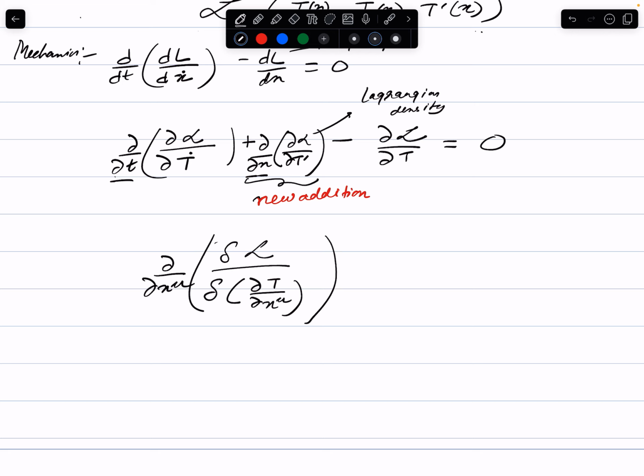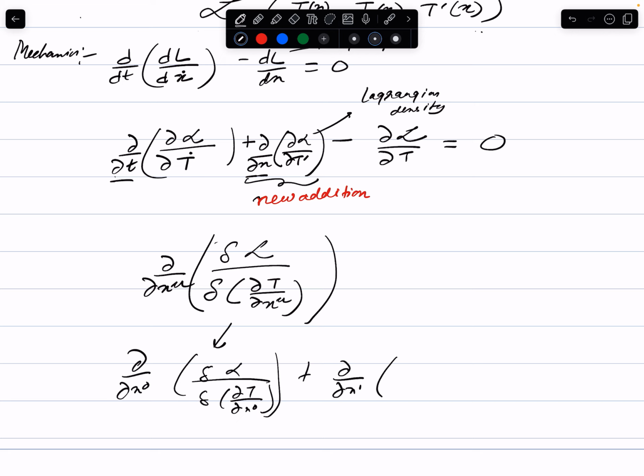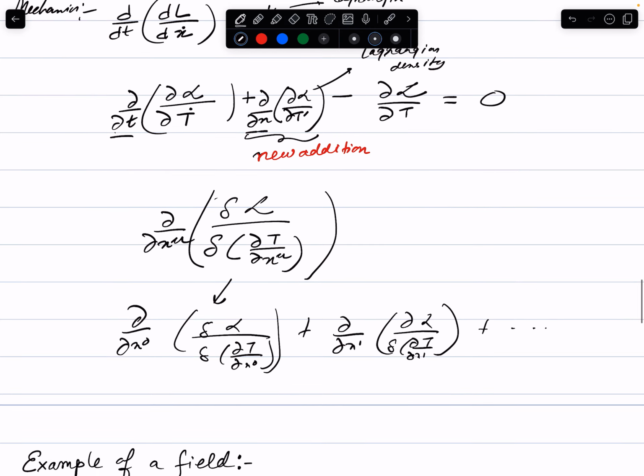Okay, repeated index meaning there is a sum. This means nothing but del x naught del L del t del x naught plus del x1, same thing, del t del x1 plus dot 2 3, which is exactly the same term that I have written here, minus del L del t equals 0.